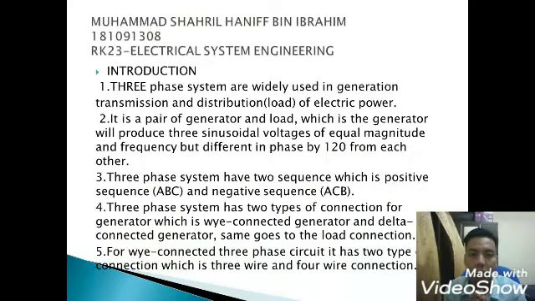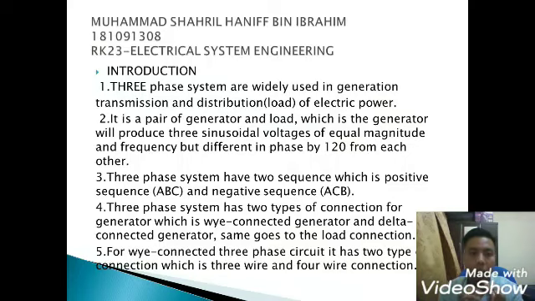Okay, for the introduction. First, three-phase systems are widely used in generation, transmission, and distribution load of electric power.